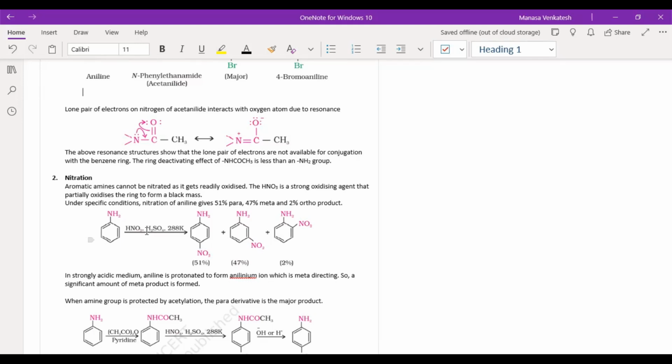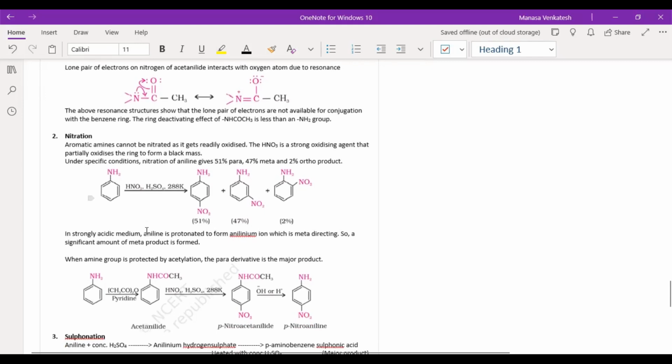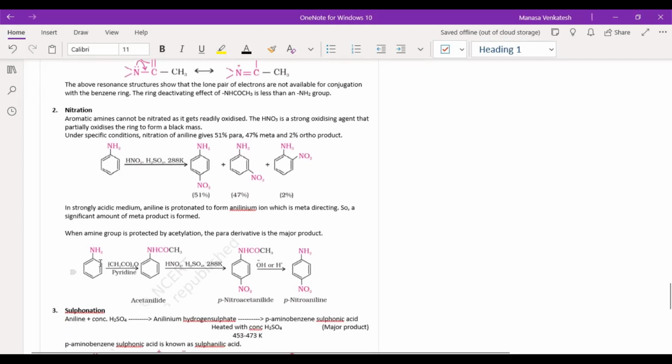And this anilinium ion is a meta-directing group. And this in turn made sure that we have a significant amount of the meta product formed. Now, when we have the amine group getting protected, we get the para product as the major product.